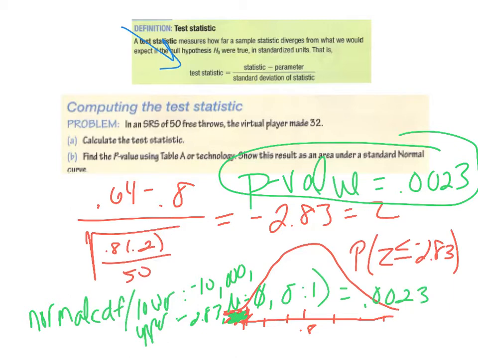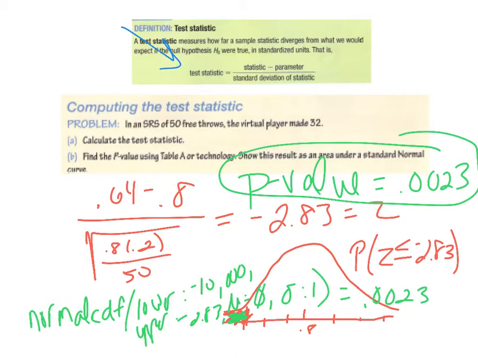Remember we have to add the "or fewer" because our alternative hypothesis is less than.